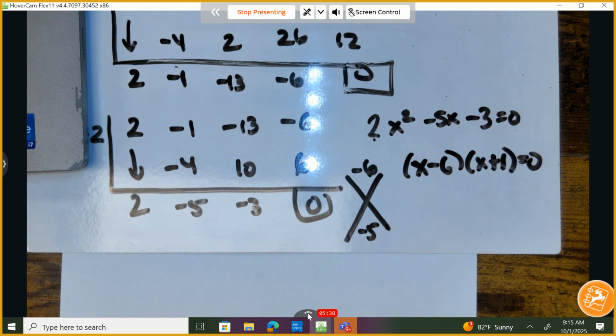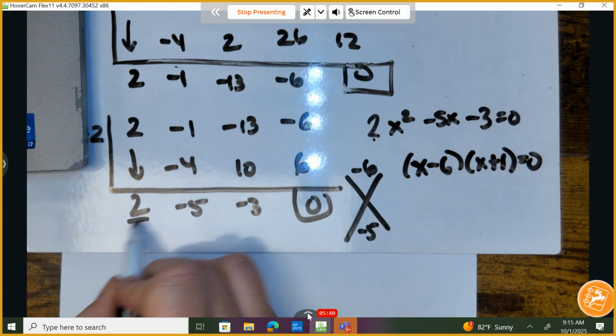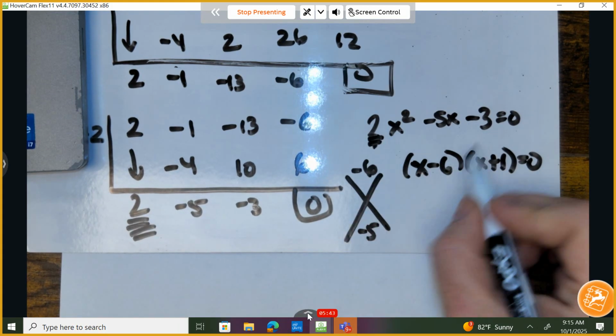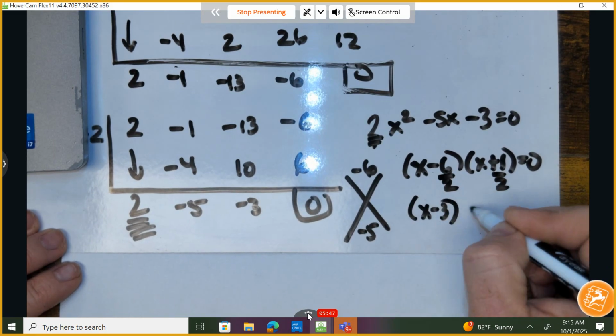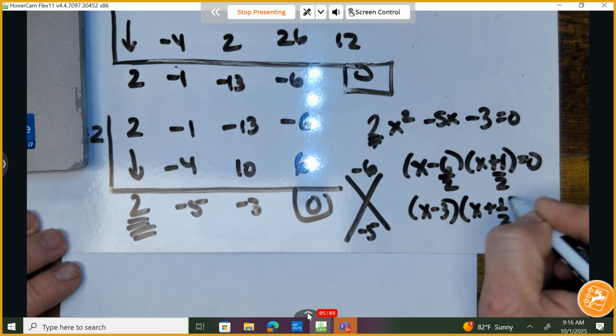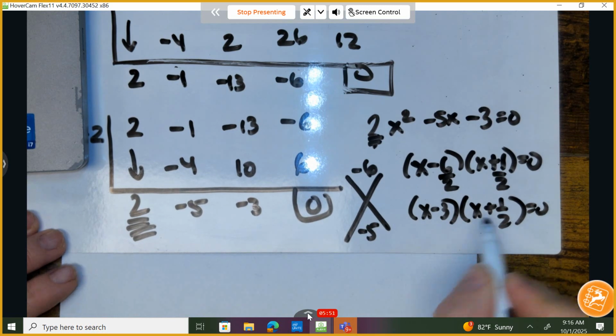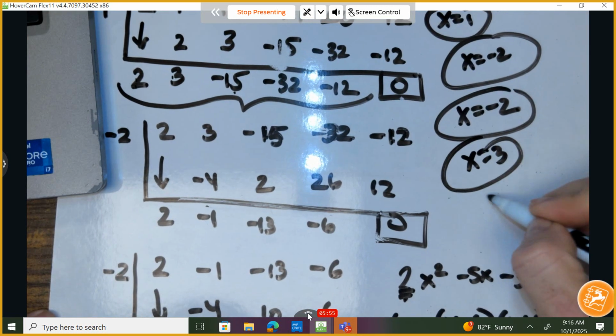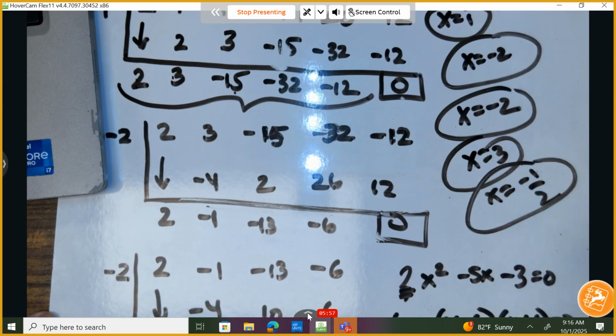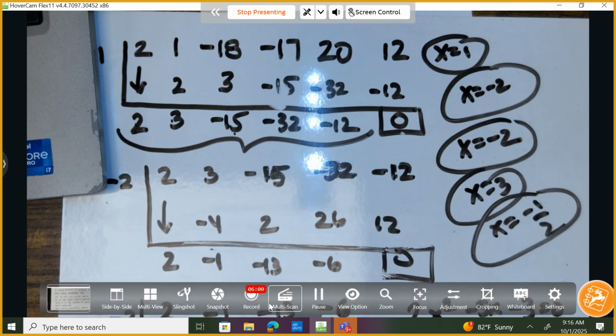It's a common mistake. They forgot to divide by the leading coefficient. So this reduces down to negative 3. 1/2 cannot reduce down. So positive 3 and negative 1/2 are my other two. Those are my 5 roots. All work must be shown.